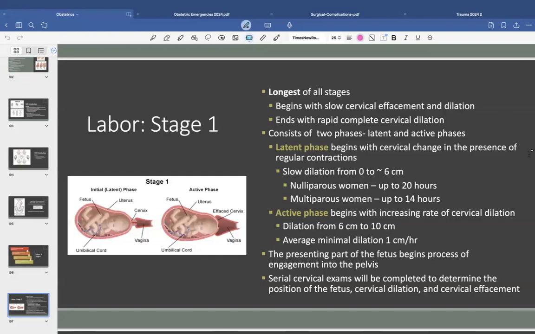The active phase begins with an increasing rate of cervical dilation. So once you start to dilate from 6 to 10, that is your active phase. Usually at this point, they're dilating about 1 centimeter per hour.